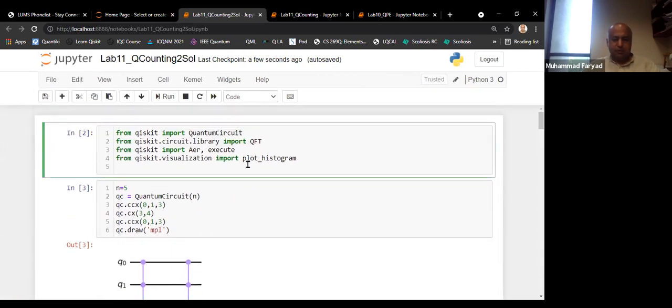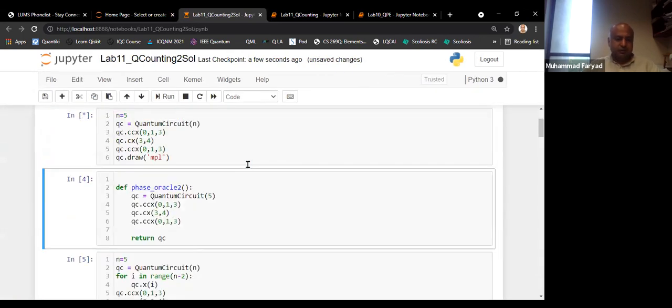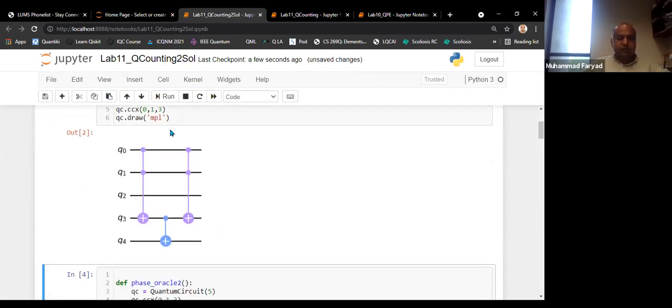So let's start with this. So this is an oracle that marks 2 solutions, and you can easily see, because when this Q0 and Q1 are 1, 1, this Q2 can be either 0 or 1, and you will still get a phase over here.